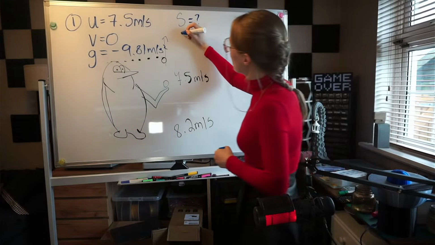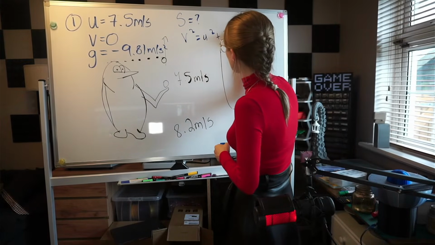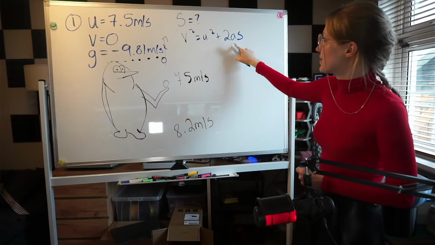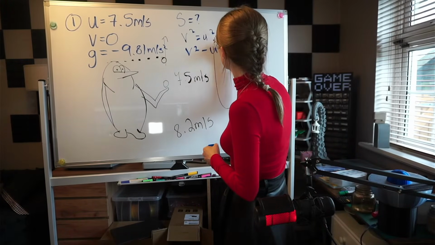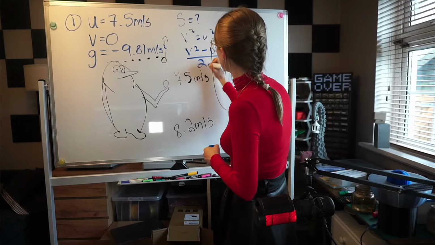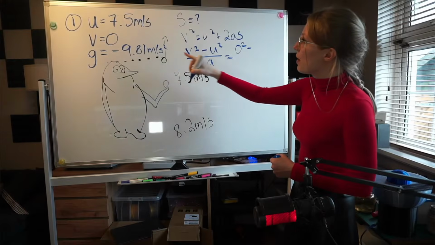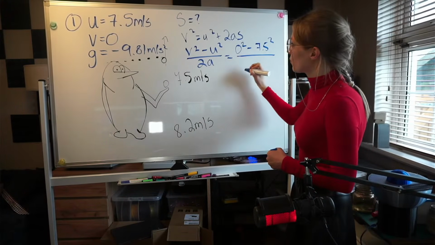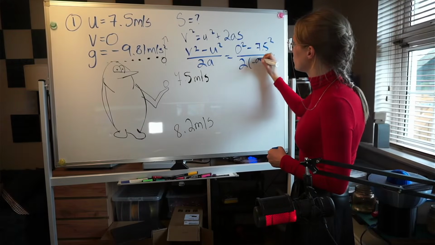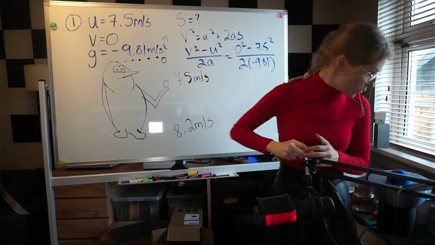So, V squared equal to U squared plus 2AS. We're looking for S. Let's rearrange the equation. That's V squared minus U squared all over 2A. Let's sub in our numbers. That's 0 squared minus 7.5 squared, all over twice the acceleration due to gravity with a negative sign, 9.81.